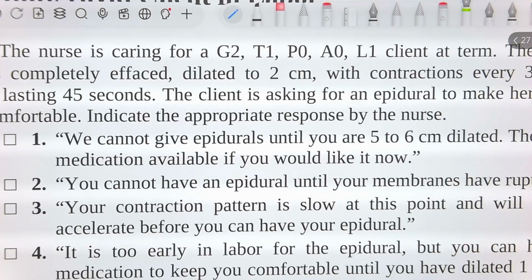Read all the options. What can be the right one for epidural anesthesia? So answer number 4 will be the correct. It's too early in labor for epidural anesthesia, but you can have the medication to keep you comfortable until you have dilated 3 or 4 or more. So 2 centimeter के dilation के अंदर हम anesthesia recommend नहीं करते.